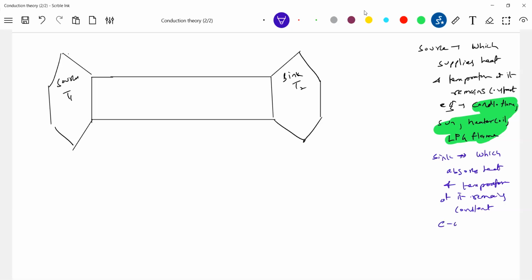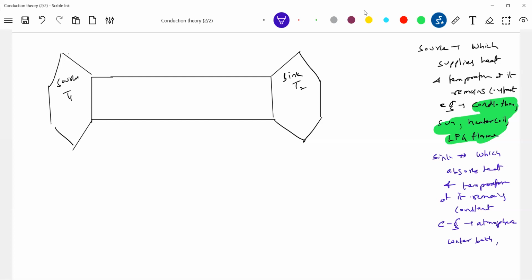Or a good example, the atmosphere. Will the temperature of the atmosphere increase? No. Water bath, okay, these are some examples. So what is the sink? Though it absorbs heat, temperature will not increase. What is the source? Though it gives out heat, temperature will not decrease. Body, what happens? Similar. Go to calorimetry for the body. Same thing you can discuss here.